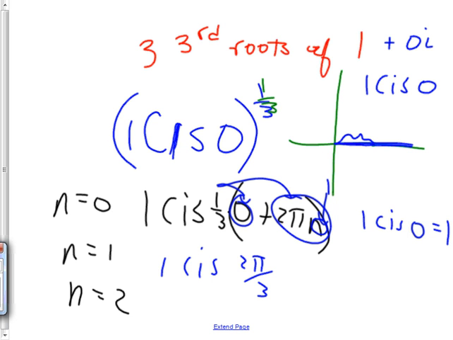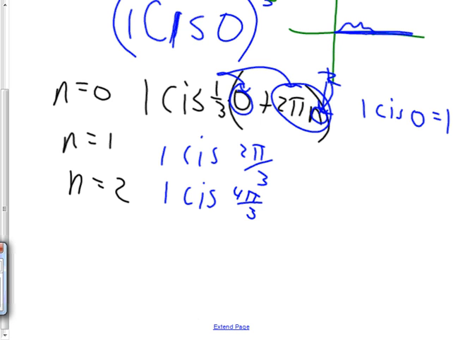And then the last one, you put a 2 right here, and that's 2 times 2 is 4, and then it's over 3, and if you said 4 pi over 3, you had a swing and a miss.